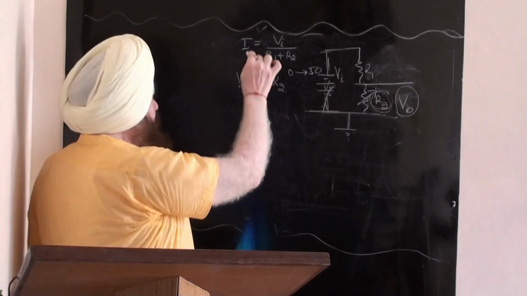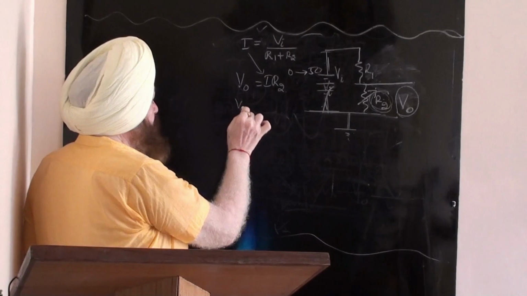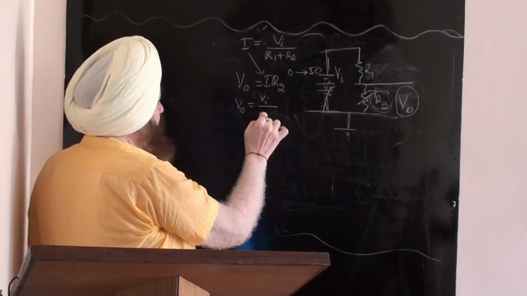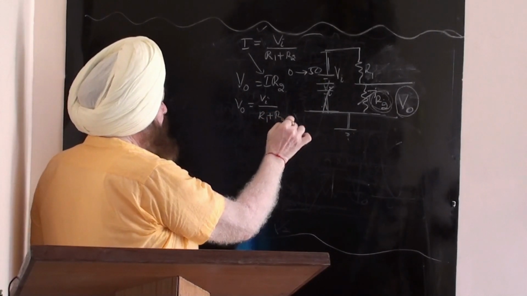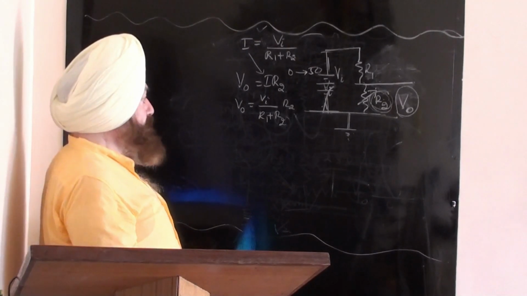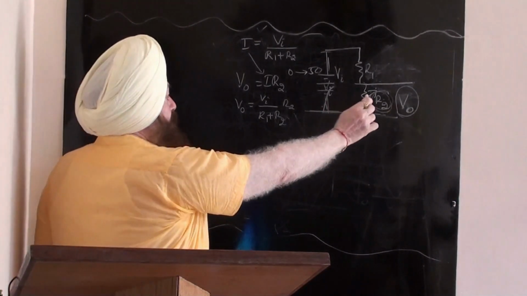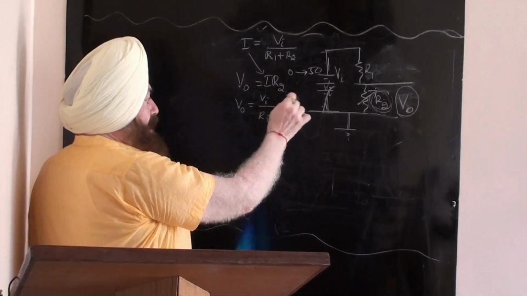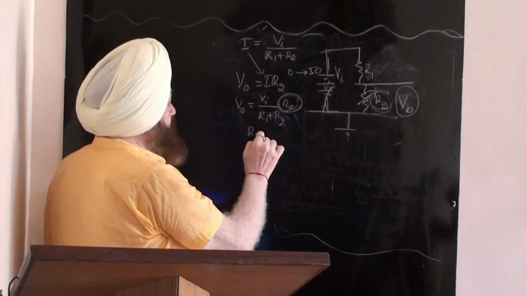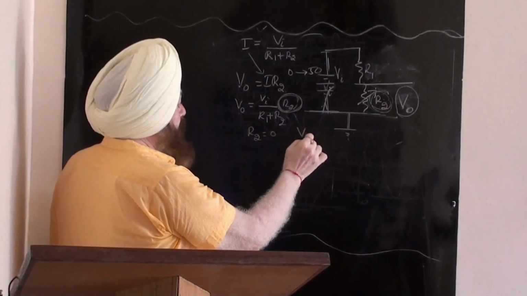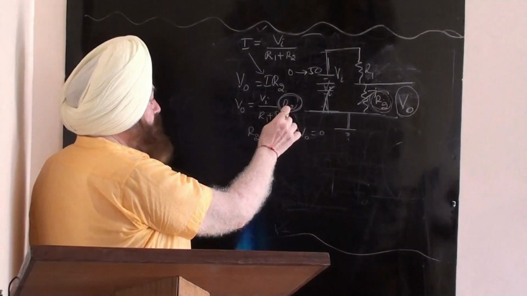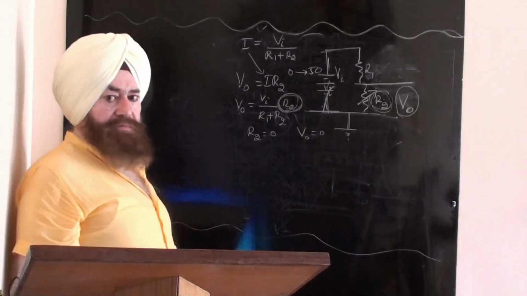Substituting the value, V0 becomes Vi upon R1 plus R2, into R2. Now the different cases. If R2 equals 0, then the output voltage is 0.